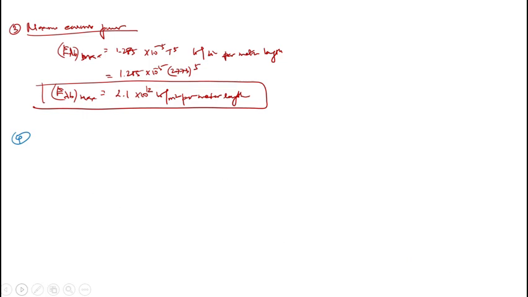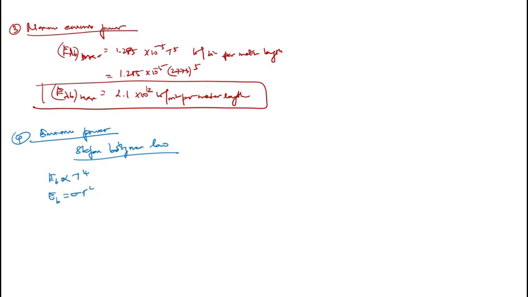So emissive power can be calculated by means of what is called Stefan-Boltzmann's law, which is already known from the data book. That is EB is directly proportional to T power 4. By replacing the constant of proportionality, EB is equal to sigma T to the power of 4.